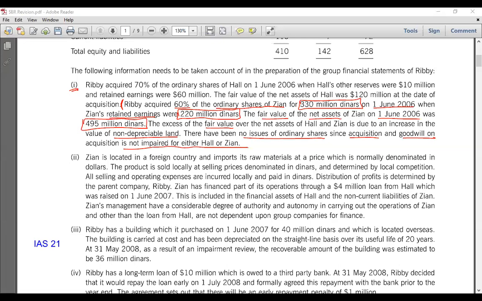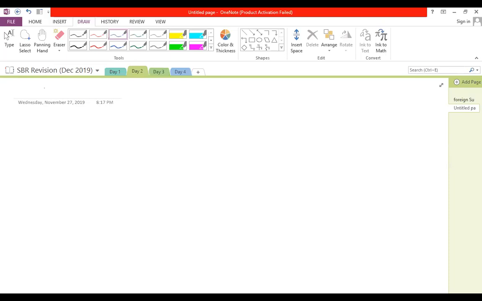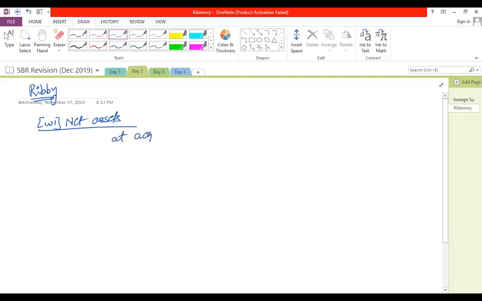Now, when we talk about a foreign subsidiary and we are solving the question of Ribi, we should ideally start from working number 1, which is called the net assets. When we are calculating net assets, we write the net assets at acquisition and the net assets at the balance sheet date. When we say net assets, we mean share capital, retained earnings, and maybe some part of OCE.